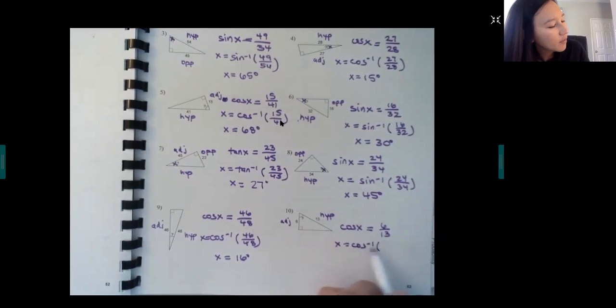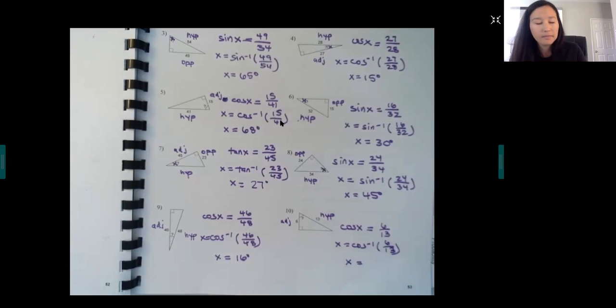So we take the inverse cosine of 6 over 13, and what did you get? 62. Yep. Sorry, my mic messed up.